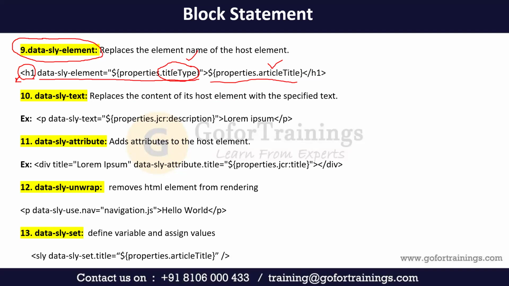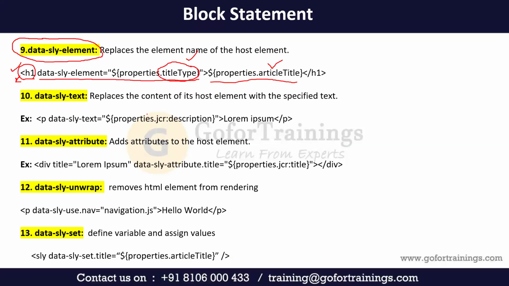Let's say if you select H4, in the runtime H1 will be replaced with H4. This HTML element will change in the runtime based on the title type property value in the content node.